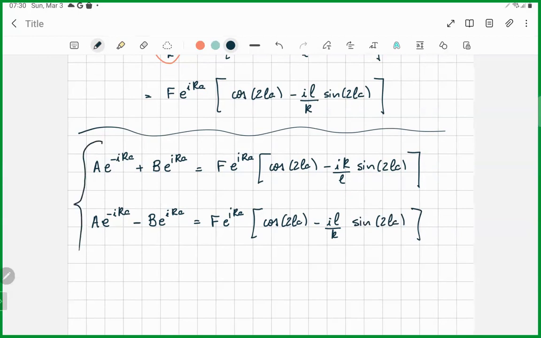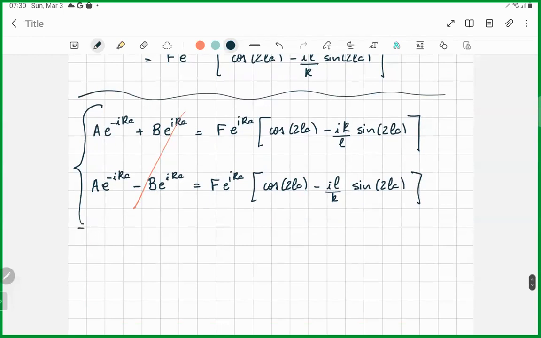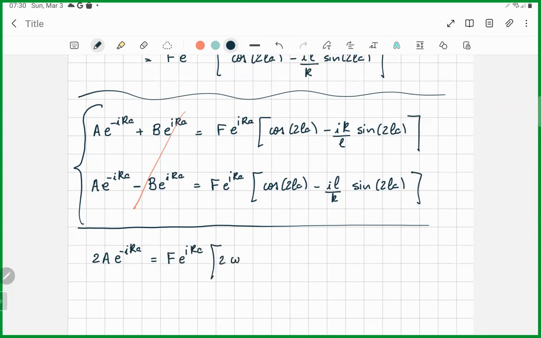So we ended up with these two, and what we want to do is get rid of B. So I'm going to sum both, and then we get what we wanted. What we have now is 2A exponential is equal to, let's put everything that is related to F, 2 times the cosine.